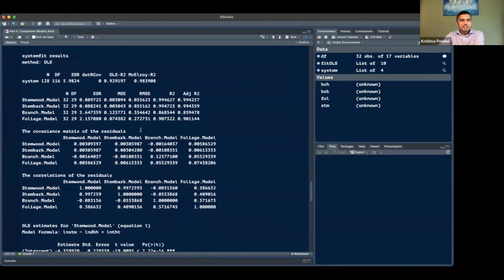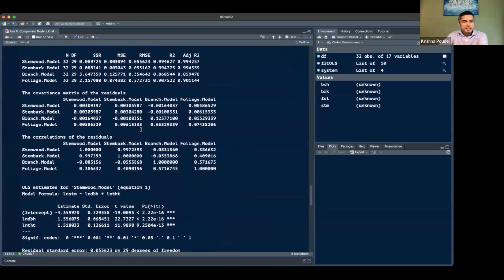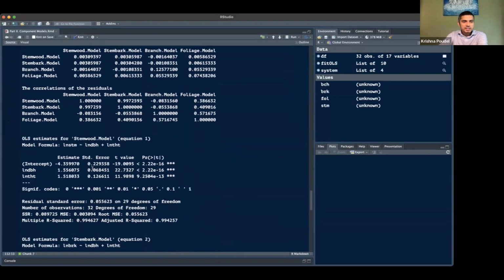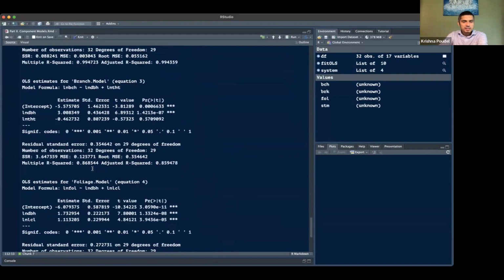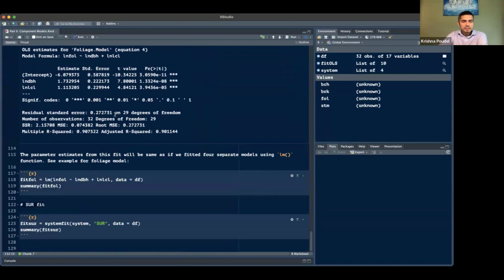And now we have this OLS-based estimate. And like I said, this is the same as what we would get if we were fitting one model at a time. We can verify that by fitting a model that predicts the natural log of foliage based on DBH and crown length.